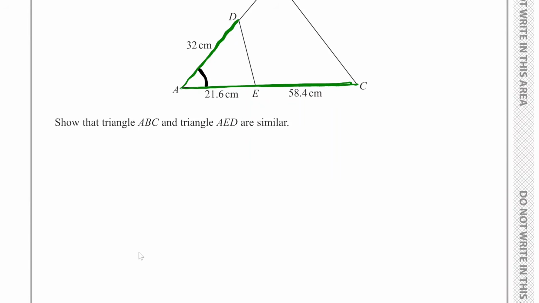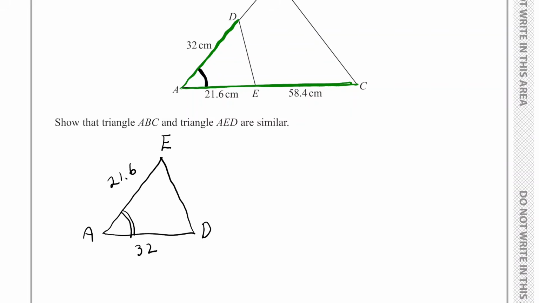So let's try and draw this. So A, I'm going to draw E here and D here. So AED, so A to E is 21.6 and A to D is 32.